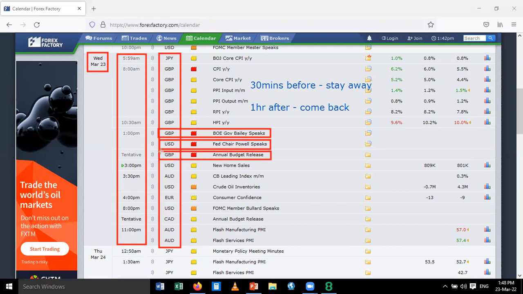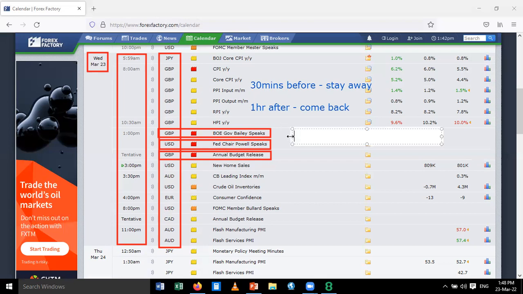So as a forex trader, in the morning, after my morning prayers, I open my Forex Factory and check which currency has high impact news today. I see that GBP and USD have high impact news around 1. That simply means that anything before 1 o'clock, I'm not trading anything that has to do with USD.